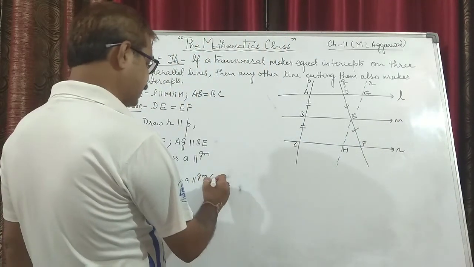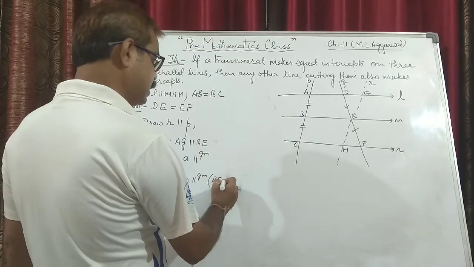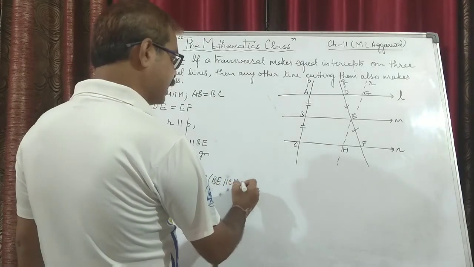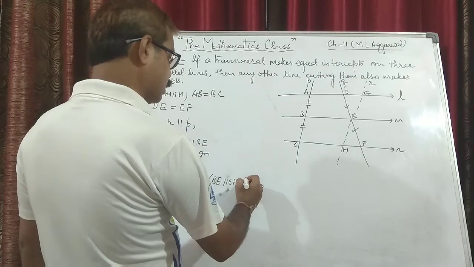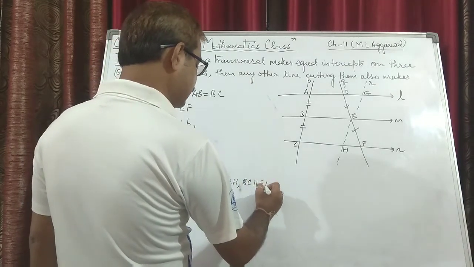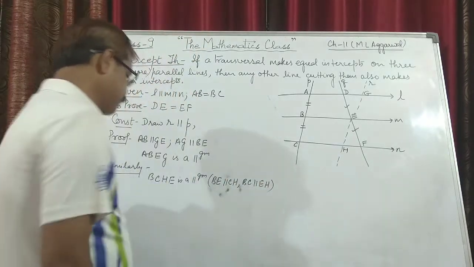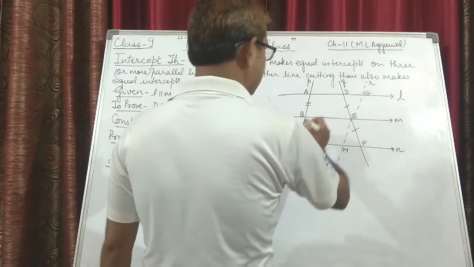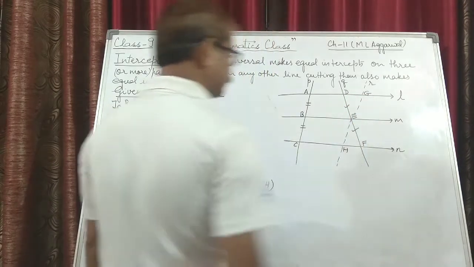If you want, you can write that BE is parallel to CH given, and second point, BC is parallel to EH because of construction. Now this is a parallelogram and this is a parallelogram.